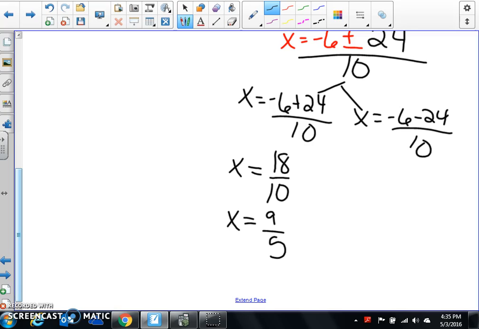And then over here, x equals negative 30 over 10, which is negative 3.